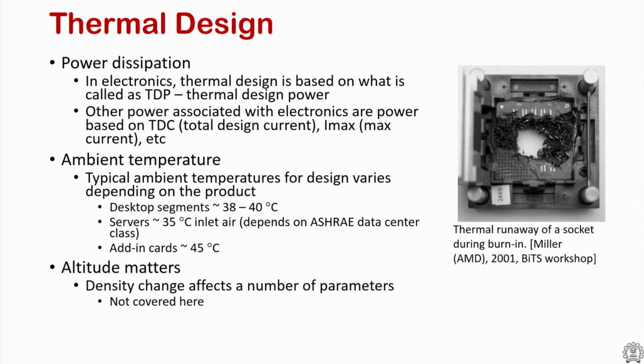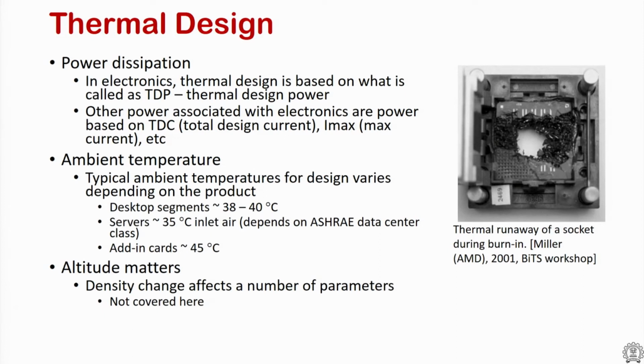Because these computers are designed at one location, they cannot possibly design these cooling heat sinks only for that temperature. So they have to account for the worldwide variation in temperature.